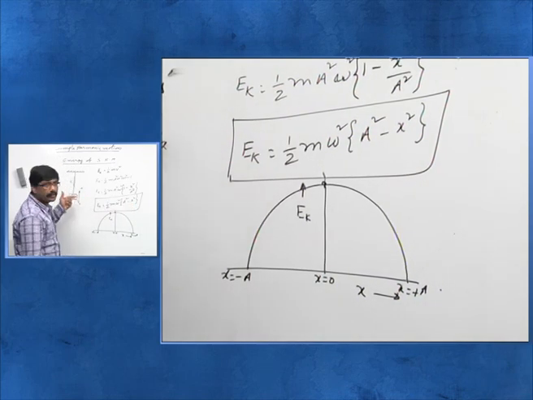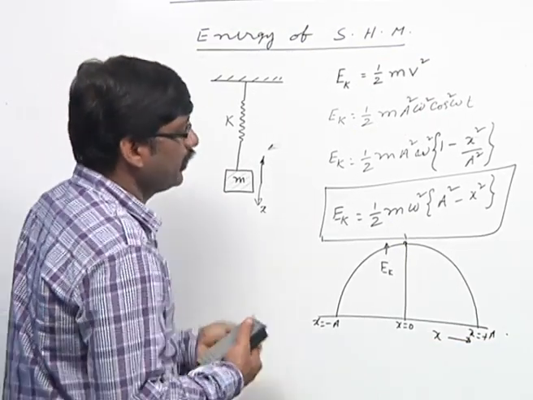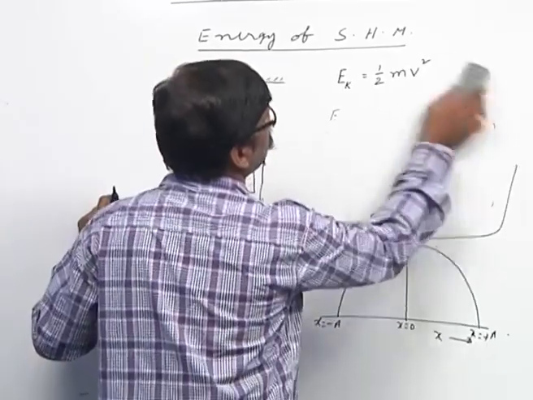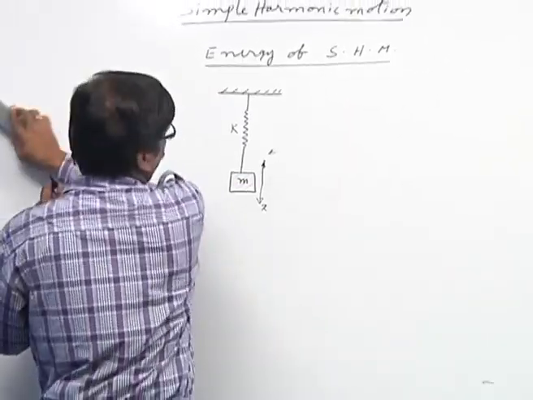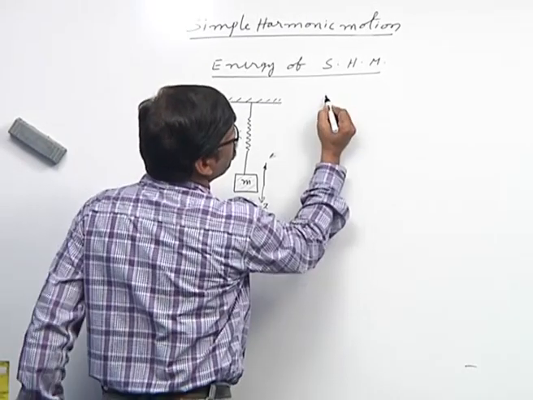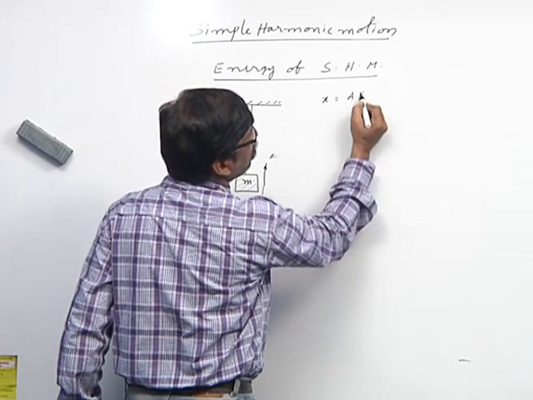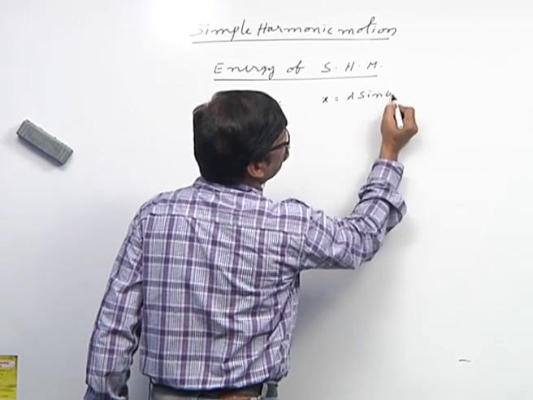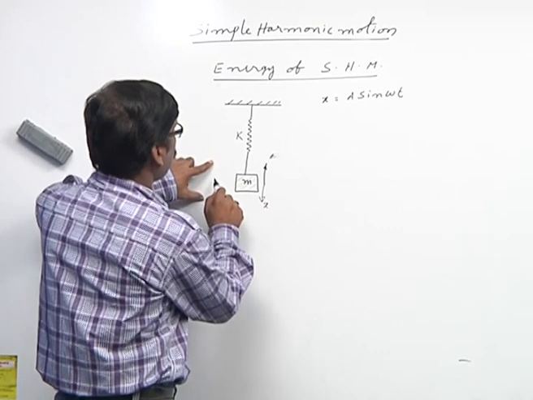Next, let us calculate the potential energy of this mass, which is in simple harmonic motion. We know that the displacement of the simple harmonic oscillator x is equal to a sin omega t. I am assuming that it is starting from the mean position.